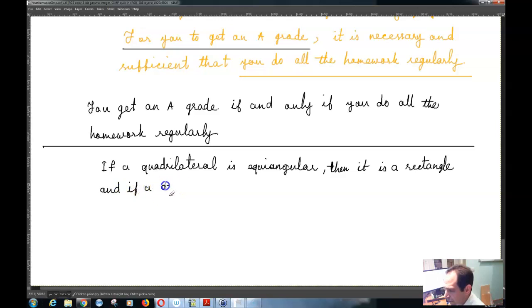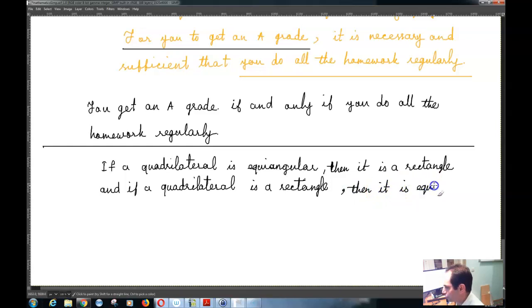And if a quadrilateral is a rectangle, then it is equiangular.